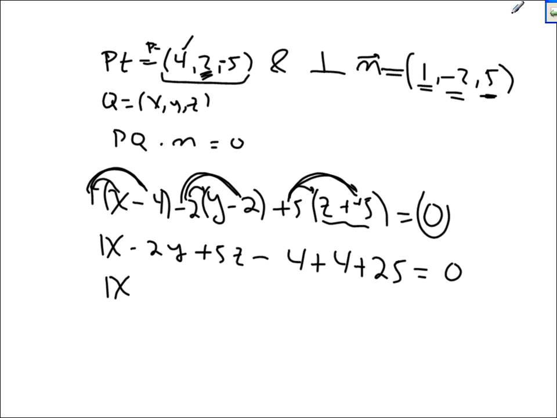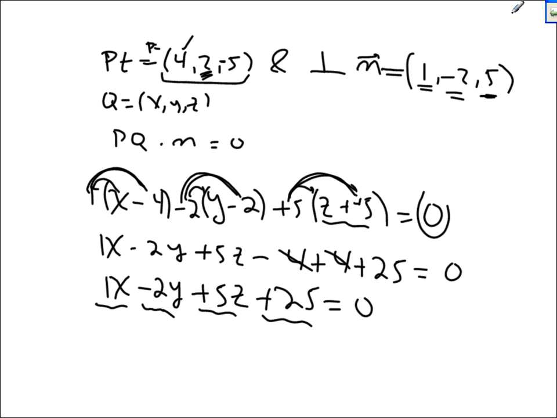A number times x, followed by a number times y, followed by a number times z. That happens to cancel out. Plus 25 is 0. Ax plus by plus cz plus a constant equals 0. Remember, this is the same as 1x plus -2y.